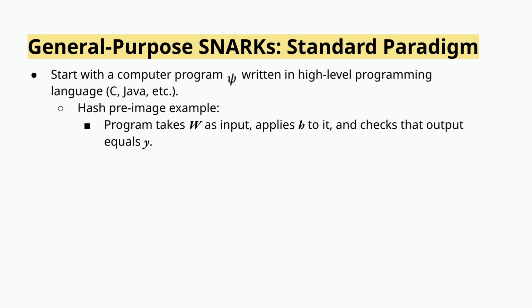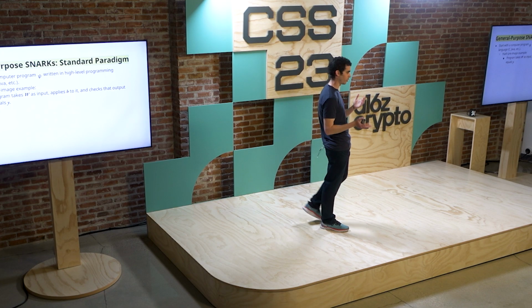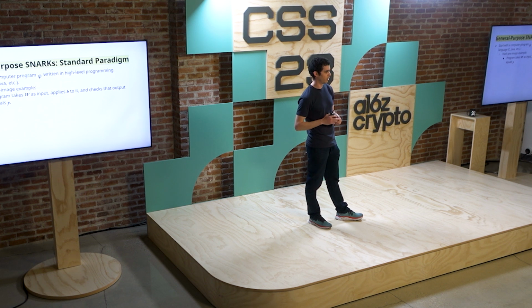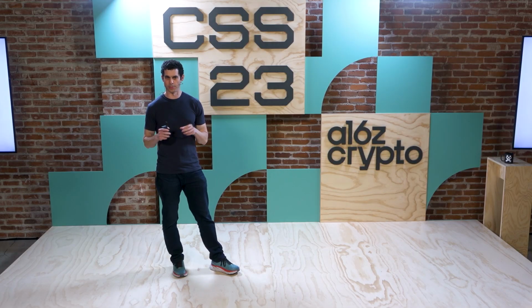And this computer program you should think of as taking as input the witness that the prover is claiming to know, and checking that the witness is correct. So in the simple example from before, where Alice claims to control a Bitcoin wallet, this computer program would take as input her password, her private key, and check that indeed the private key controls the wallet.